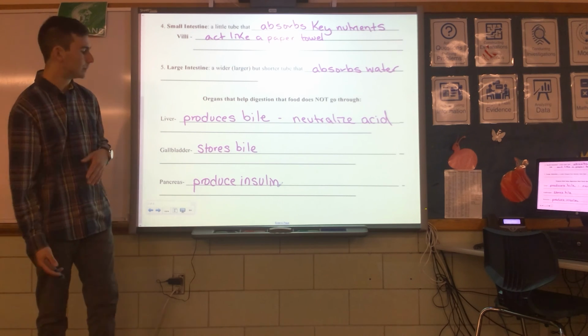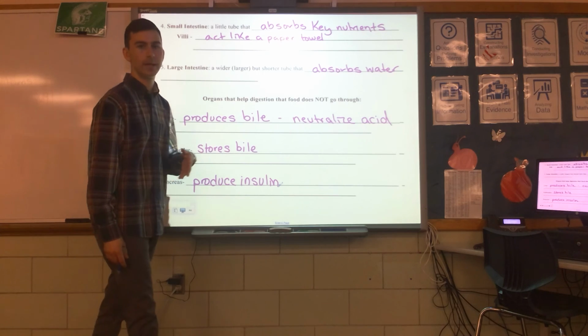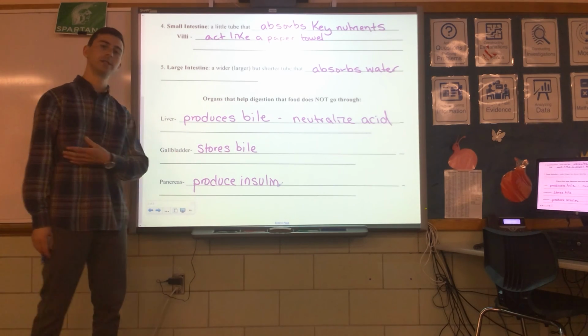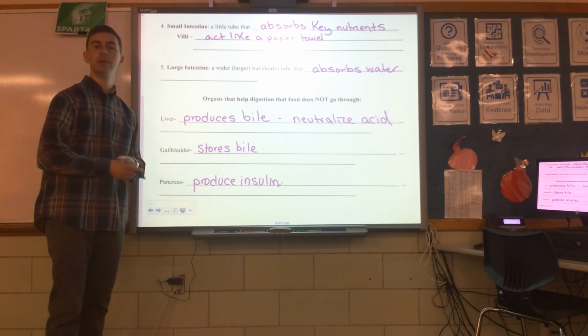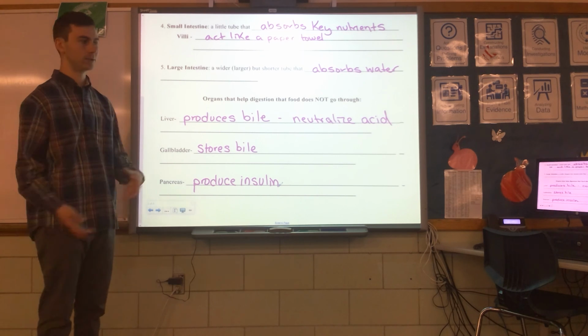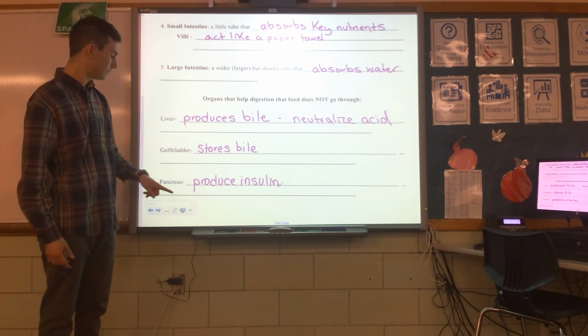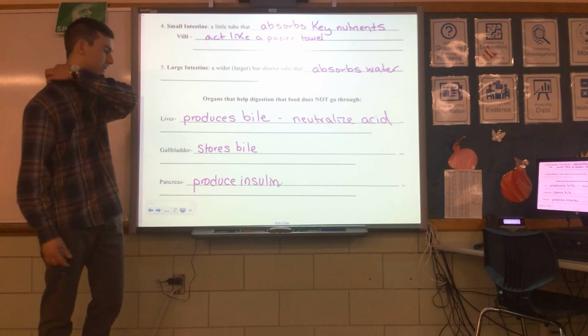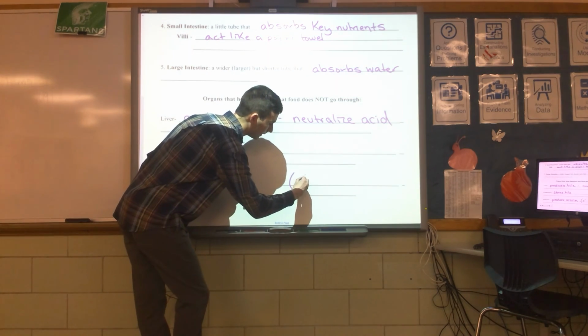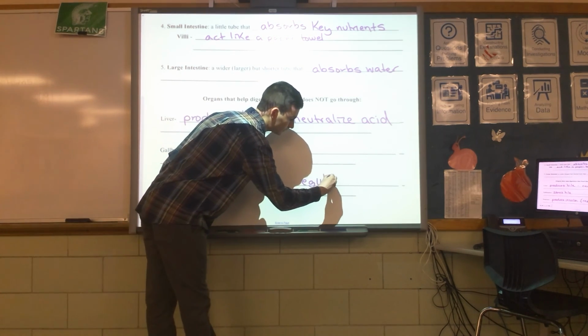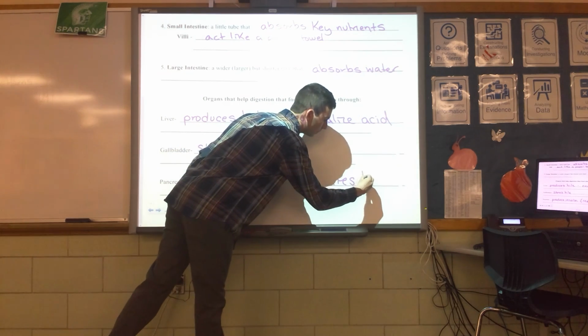So it's actually going to regulate your blood sugar level and allow that glucose molecule to enter different cells, for instance, like your muscle cells, for it to be used for cellular respiration to create energy to be able to go about our daily lives. So your pancreas actually produces that insulin, and again, it regulates blood sugar.